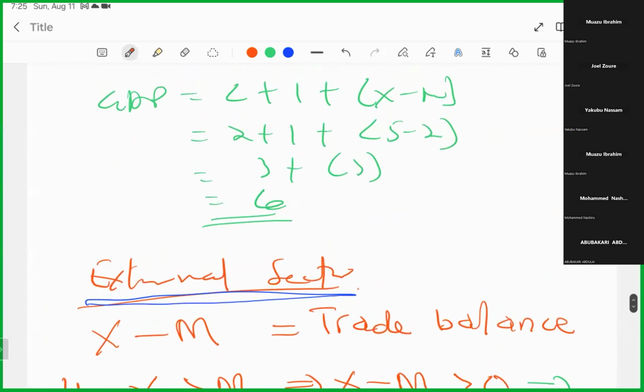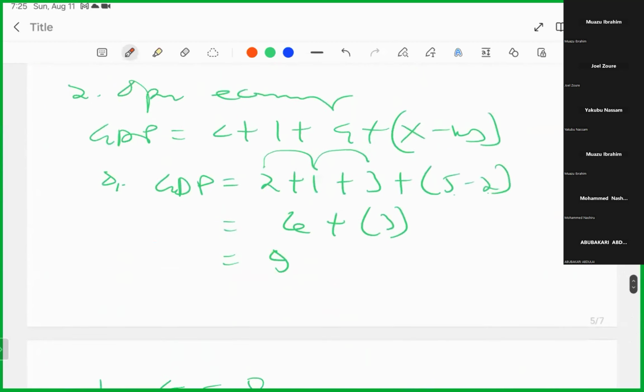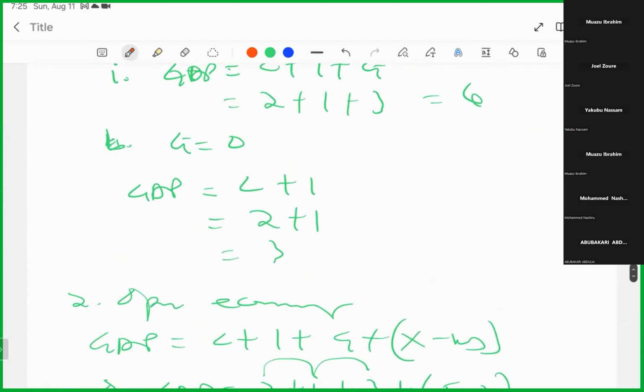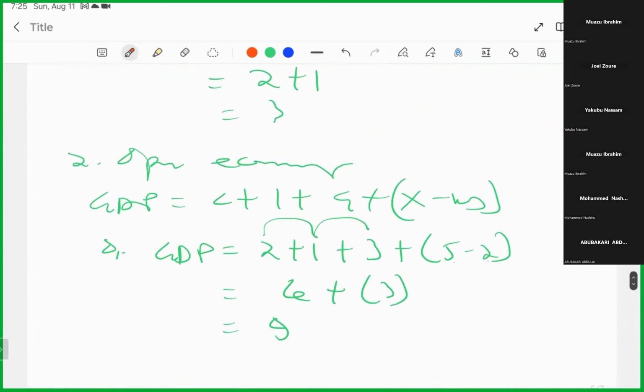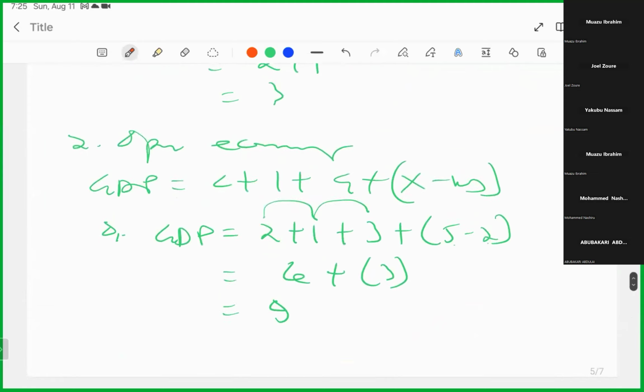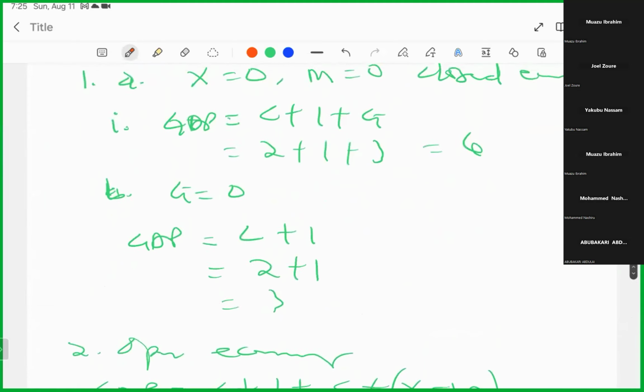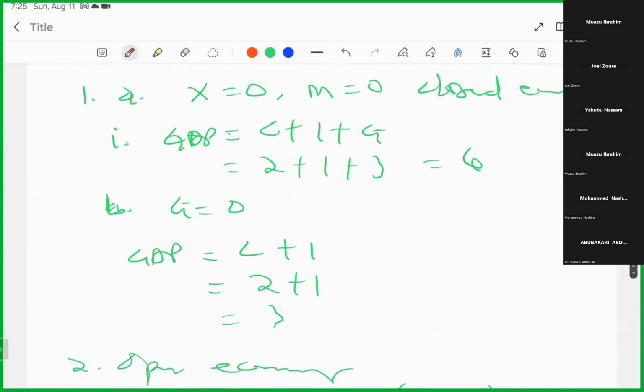Initially, when you're computing the GDP, the number is not clear. I didn't write it well. Sometimes if you are doing your personal studies, it's always difficult to identify someone.